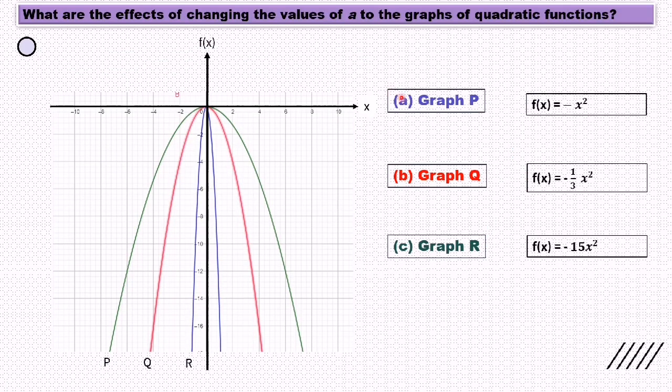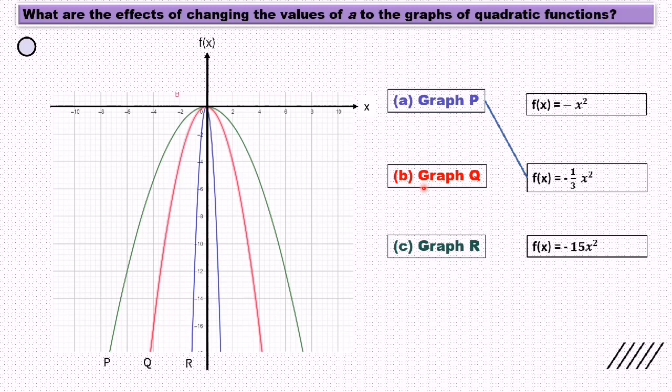Okay, now we try to answer this question. For graph P, the curved shape is wider, so the value of a is smaller. So which one is the smallest number? Here is 1, a is 1 over 3 and a is 15. So I will choose this one. 1 over 3 is the smallest value for a.